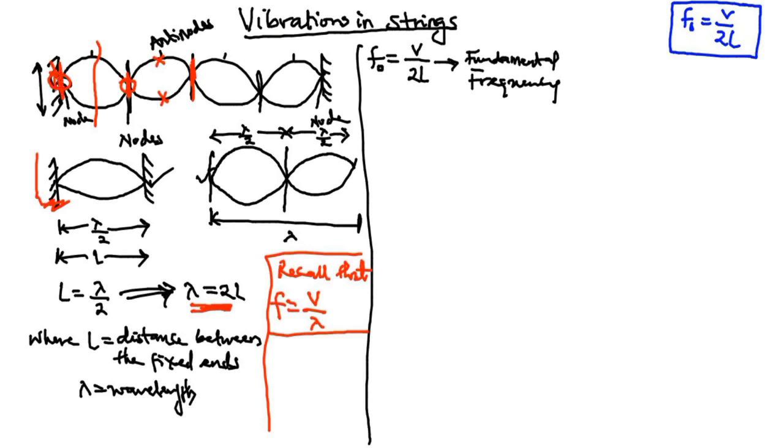Remember that only nodes are permitted to be at the points where they are clamped. A clamp cannot stay at the antinode, such that immediately after the fundamental level, the next one we are going to have is going to look something like this.